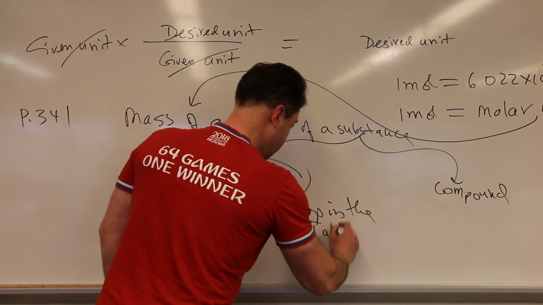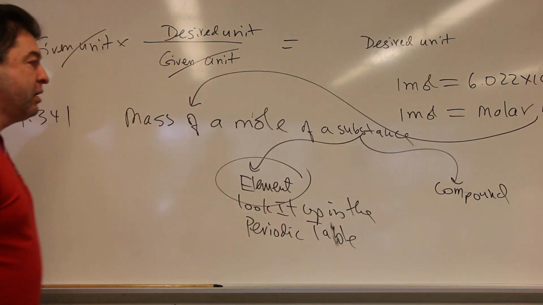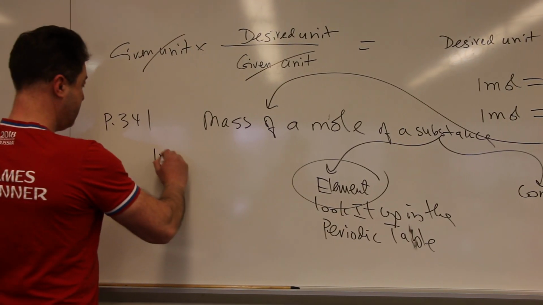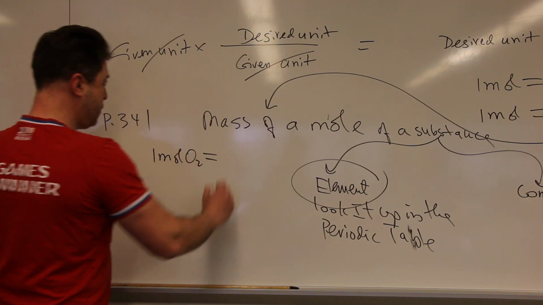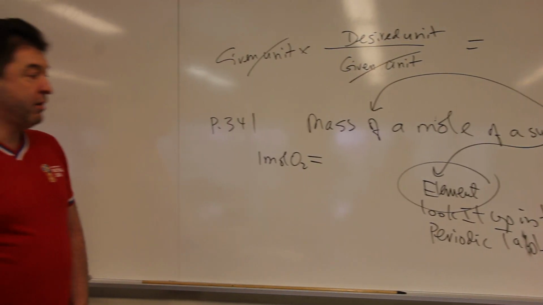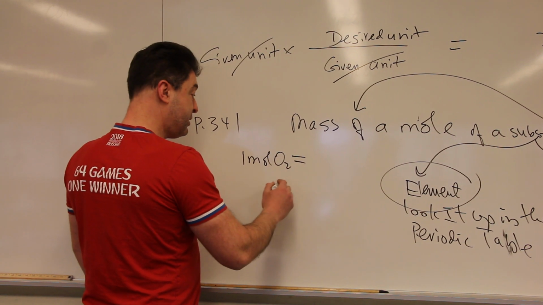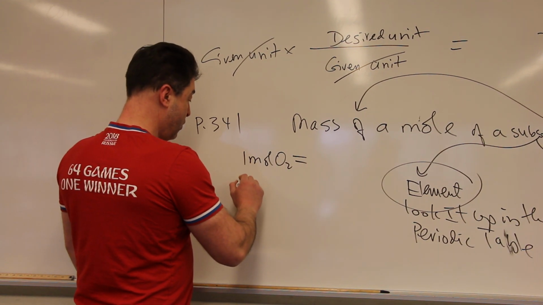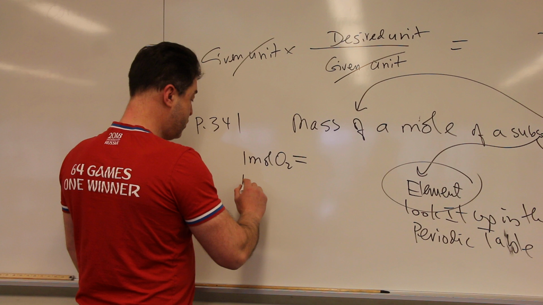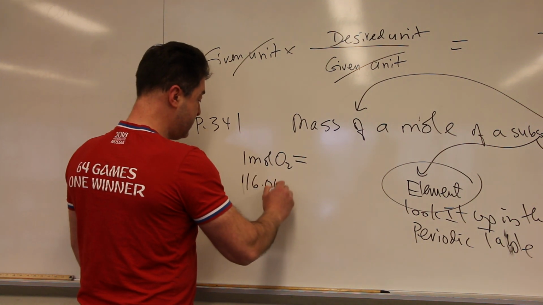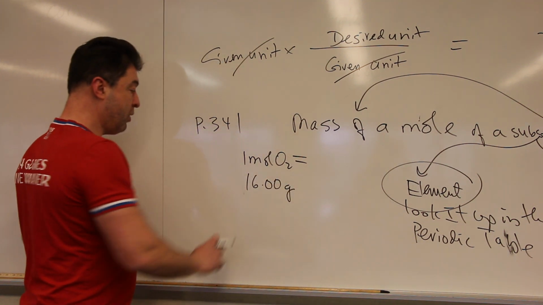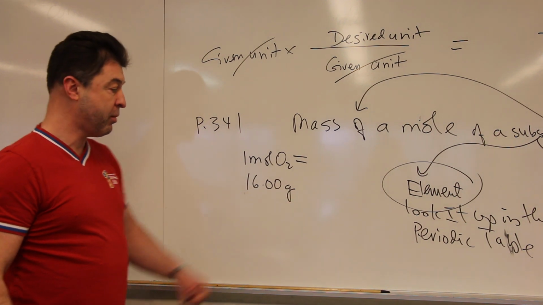For example, if I say 1 mole of oxygen, how much would that be? Well, you have to look up in the periodic table, and 1 oxygen is 16.00 grams. Now you see I'm using grams here for molar mass.